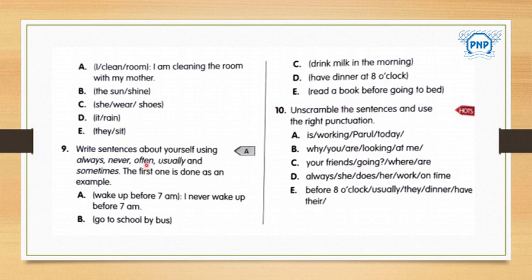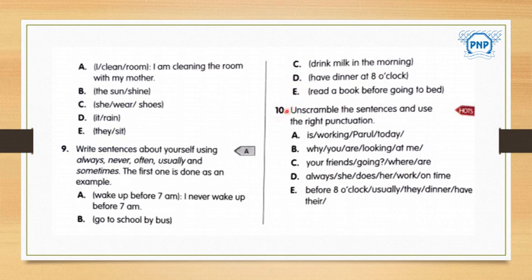Correct? Like in the first sentence, wake up before 7 a.m. So simply, I never wake up before 7 a.m. Or you can write, I usually wake up before 7 a.m. Like that you can write. So you have to complete the remaining sentences in a similar manner.